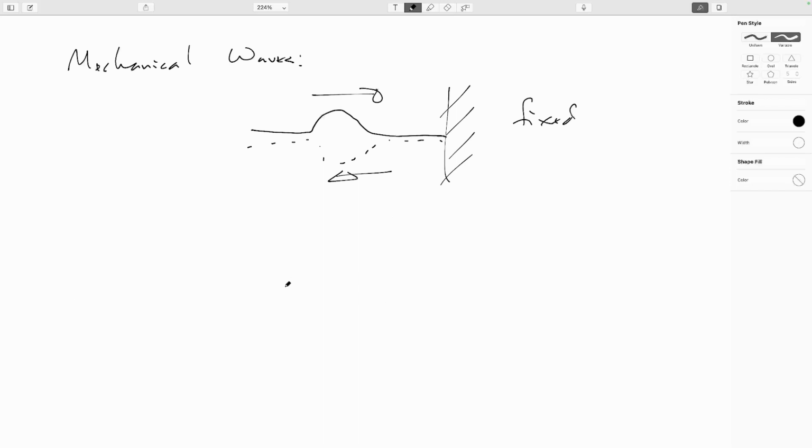And if the end was free, so say, a ring with a little rod that it's free to slide up and down along like that, then if the wave came in as a crest, it reflected back out as a crest.